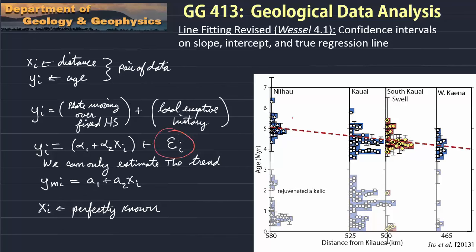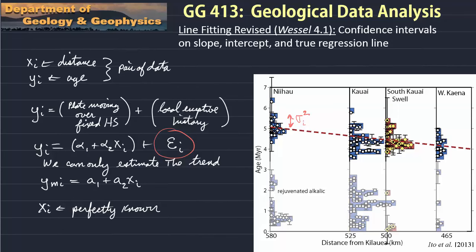And the scatter associated with epsilon is going to be characterized by a variance sigma i squared for each volcano. Okay, so each volcano has a variance associated with the processes not related to the plate motion over a moving hotspot.